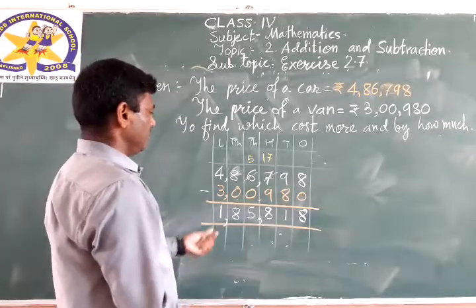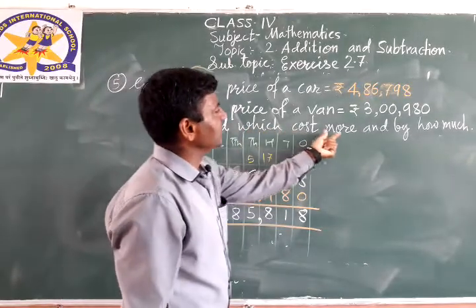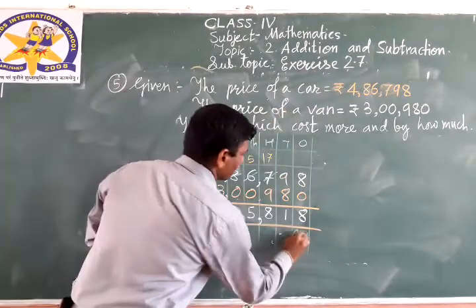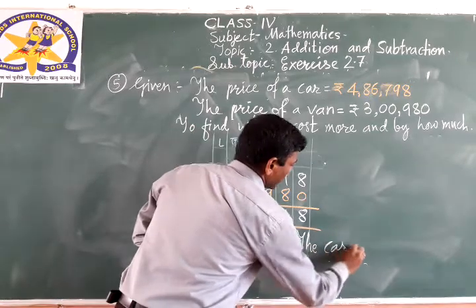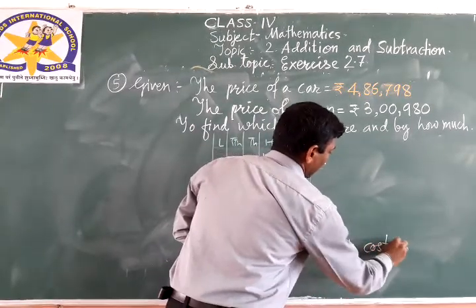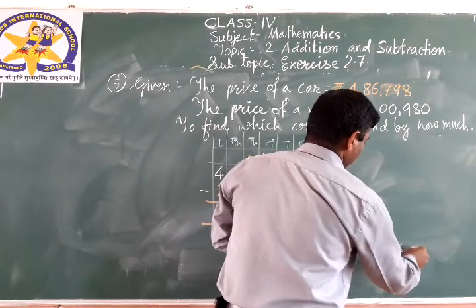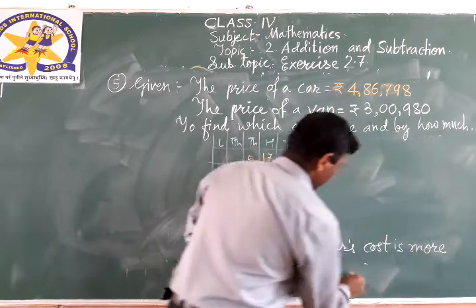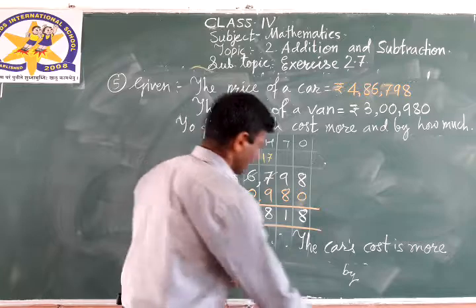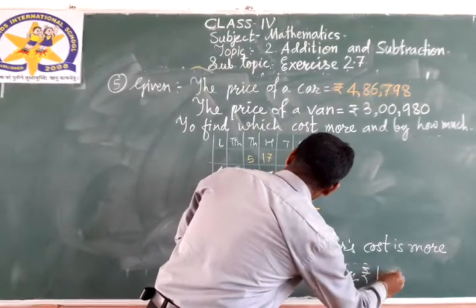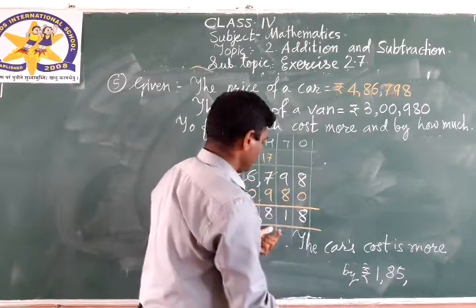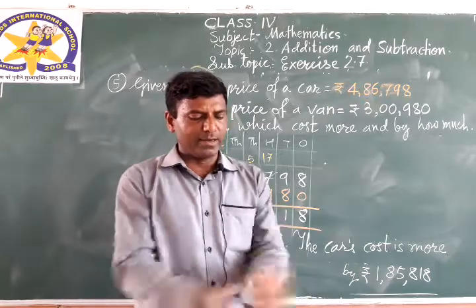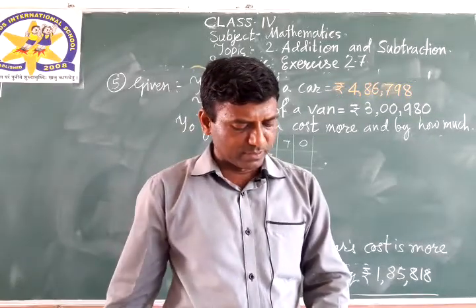Therefore, to find which costs more and by how much, the car's cost is more by rupees 1,85,818. Understand?